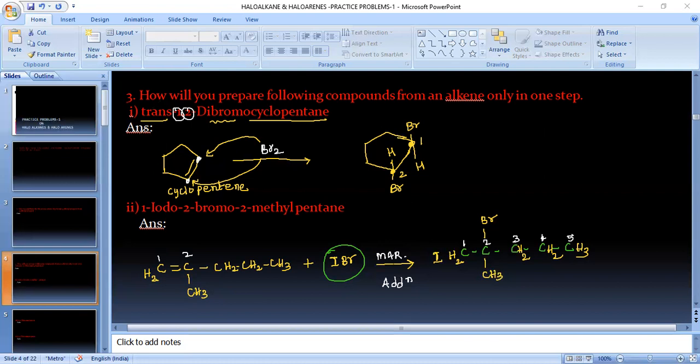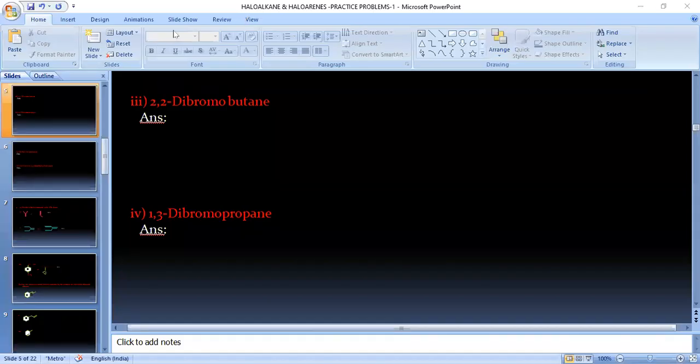First, second, third, and the fourth is also there in question number 3. Let us move to the next slide. Next one: 2,2-dibromobutane should be obtained.